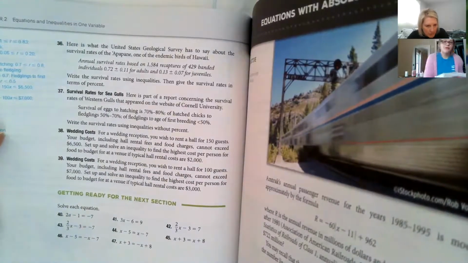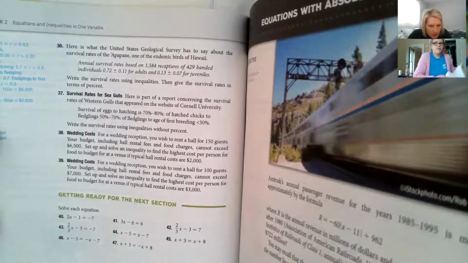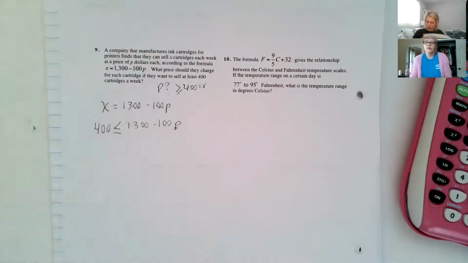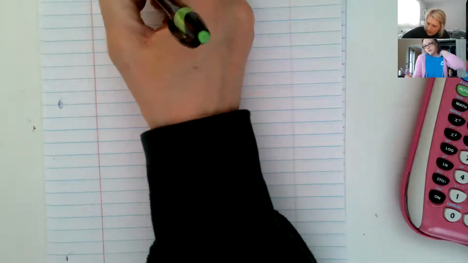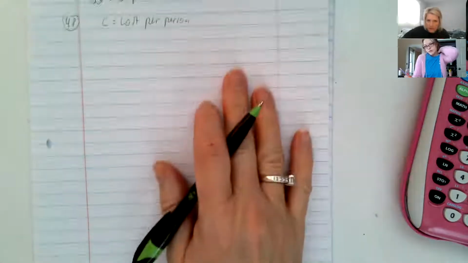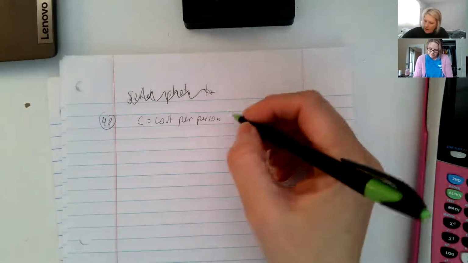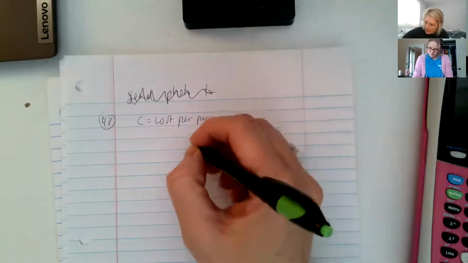Okay, so we are going to have C equal our cost per person. And we know we're going to have 150 guests.